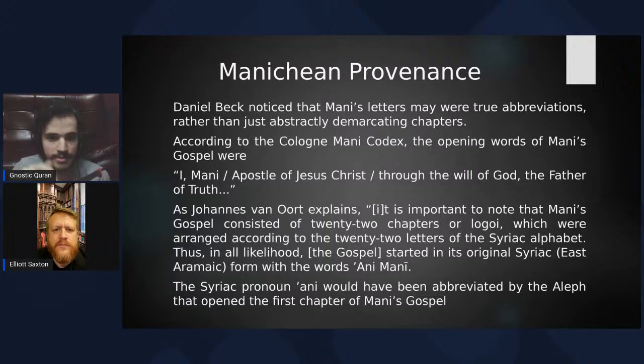And he actually quotes one of the scholars that says that the original Syriac may start with this phrase ani Mani, and in Syriac it would be aleph mim, and the Syriac pronoun would have been abbreviated later on by the scribes with the aleph.